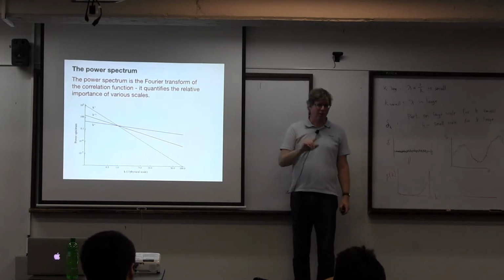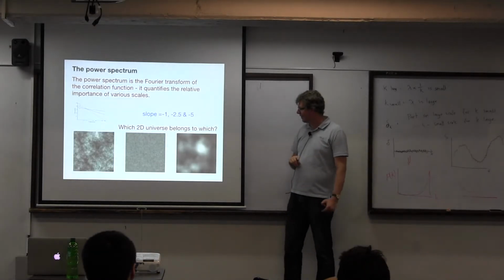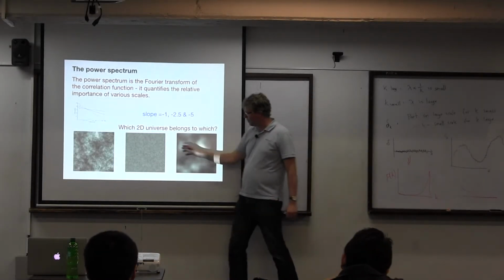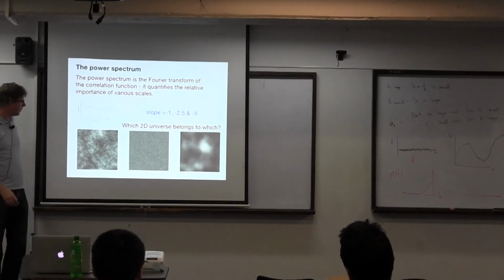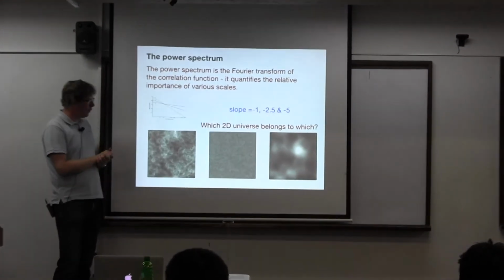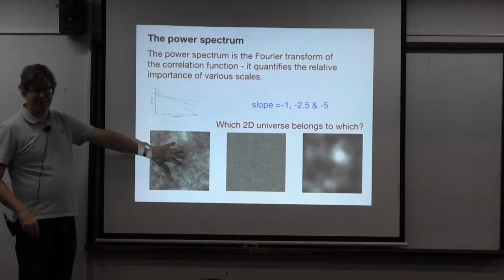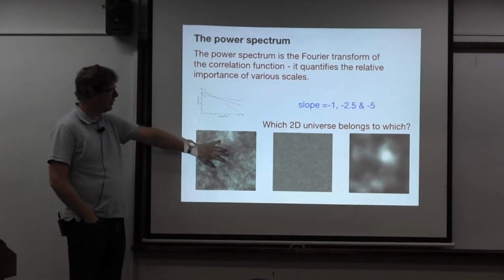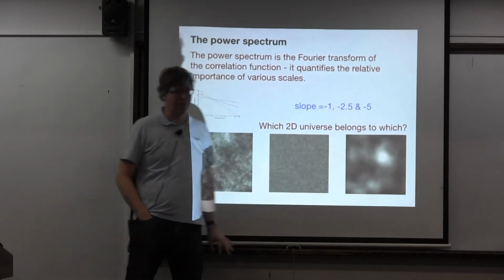Now you're going to tell me which one belongs to which. Okay? So these are the 3 universes. So who thinks which one this will belong to? Minus 1, minus 2.5, or minus 5?